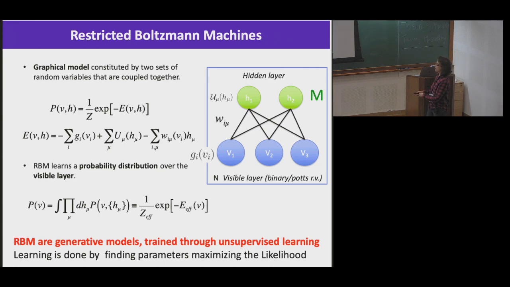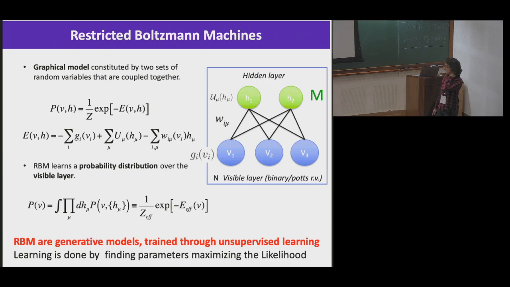You maximize the probability of your data, so your observed sets of visible units given your parameters, and in such a way you find the parameters which maximize this distribution.